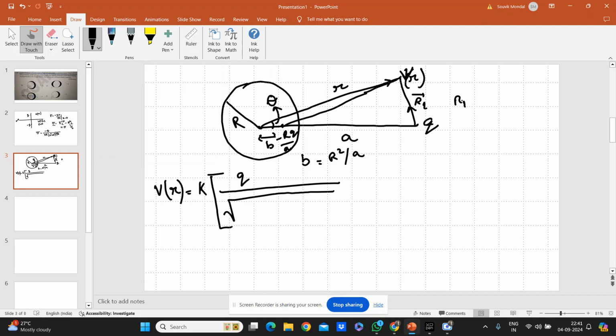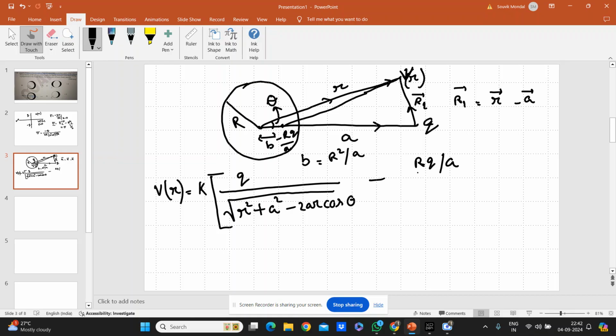So the r1 vector you can write as r vector minus a vector, right? You know the angle between r and a vector is theta, so the distance will be the square root of r square plus a squared minus 2ar cos theta. Similarly, you can now calculate the potential due to the image charge.